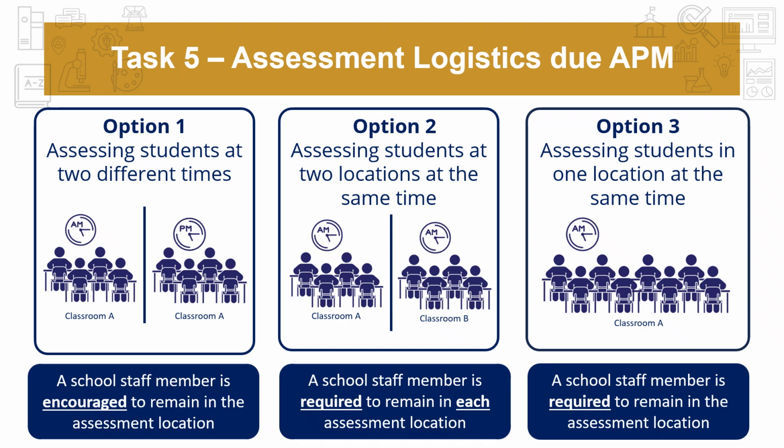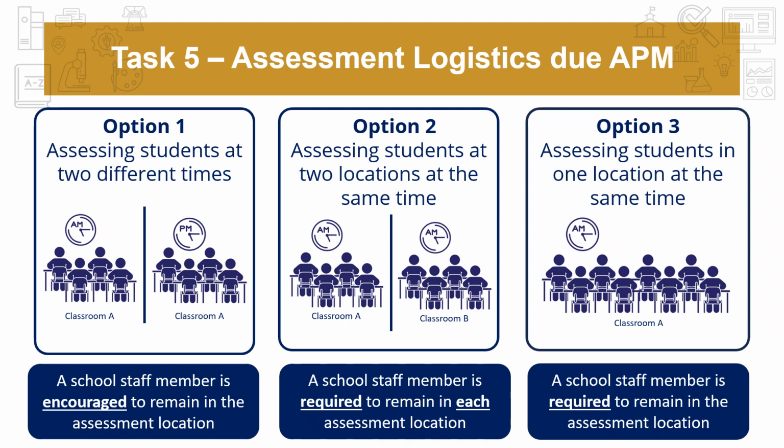Option 2 is assessing students at 2 locations at the same time. A school staff member is required to remain in each assessment location. And option 3 is assessing students in 1 location at the same time. A school staff member is required to remain in the assessment location.